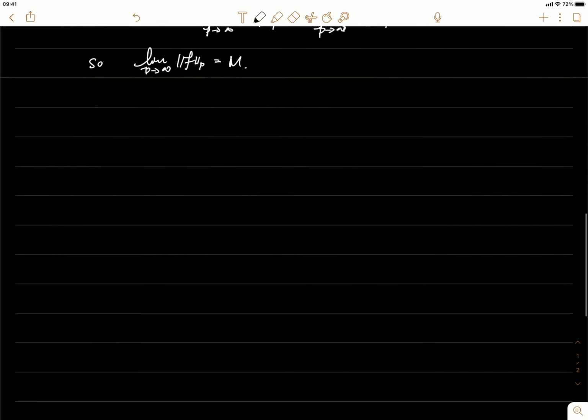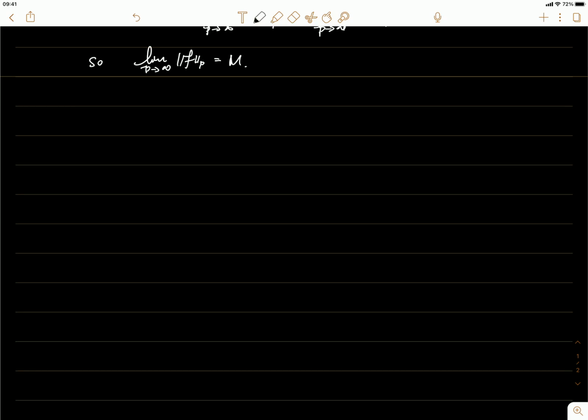Okay, so next, let's show that for any p, the L^p space is linear.